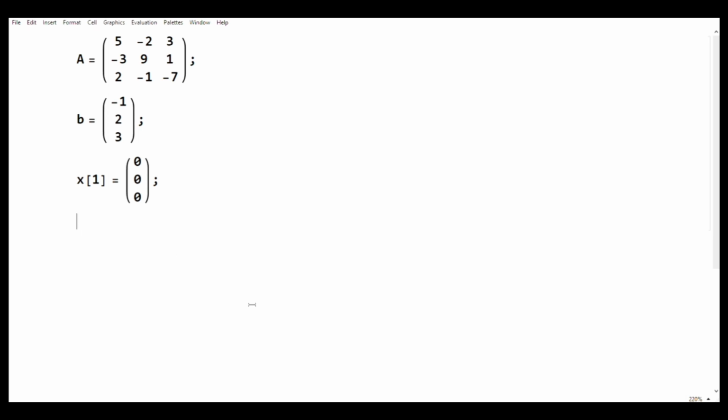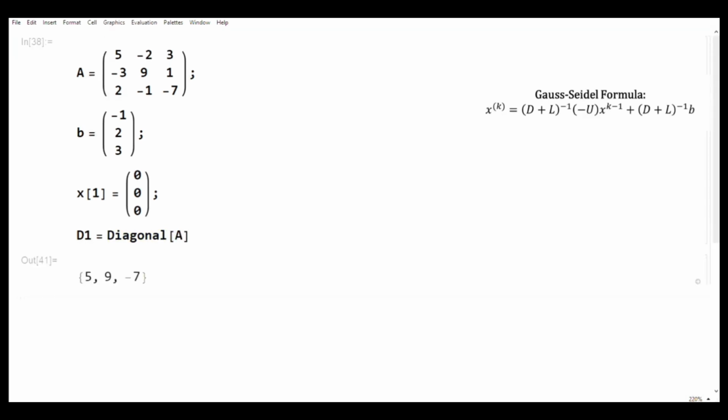By referring to the formula, we need to take out the diagonal, the lower triangular and the upper triangular parts. Firstly, I take out the lower triangular. Oh sorry, this is not the lower triangular, this is the diagonal of matrix A. By pressing shift enter, we get the output.